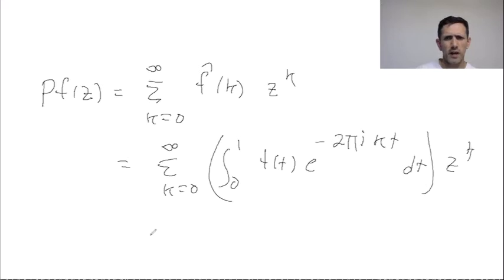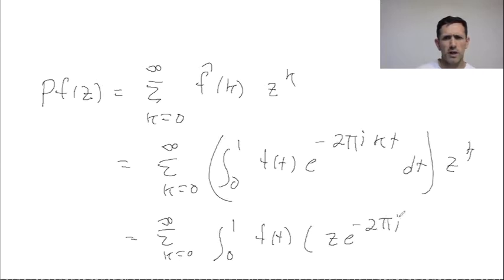Times z to the k, and you combine the exponents. So it's the integral from 0 to 1, bring everything inside, z e to the minus 2 pi i t, whole thing to the k, dt.